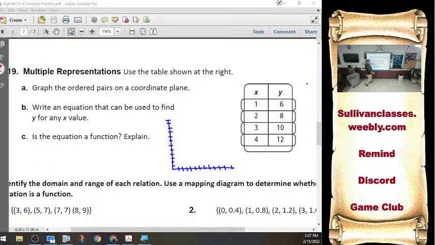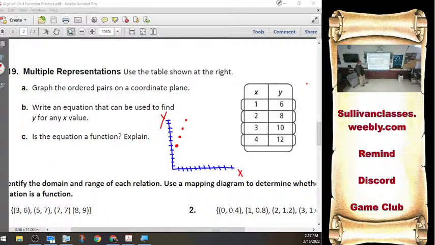Plot on a coordinate plane. Label your axes so we know what's going on. X, Y, no special words associated with them, going by ones.